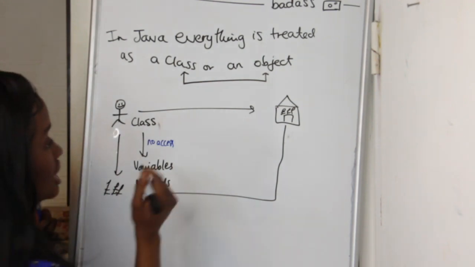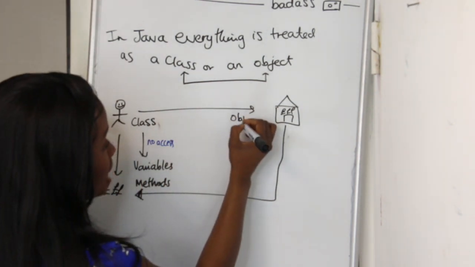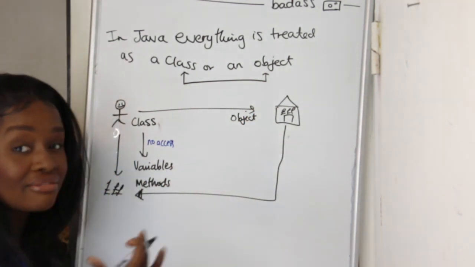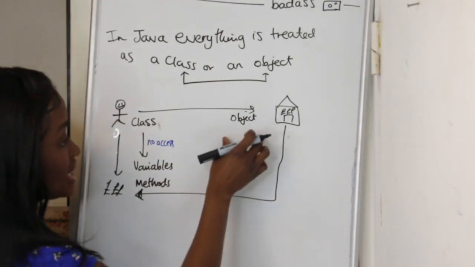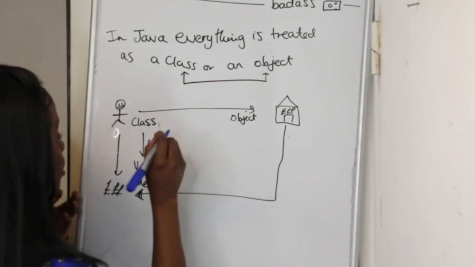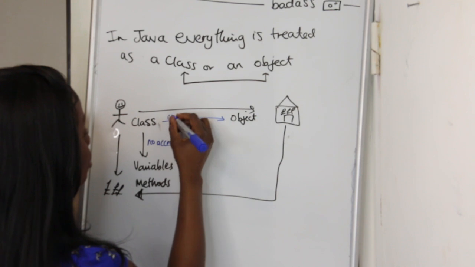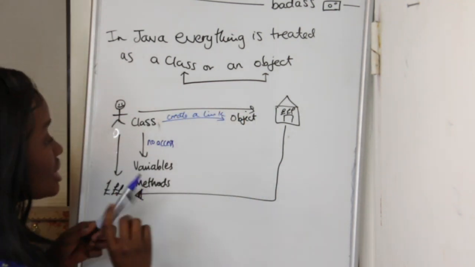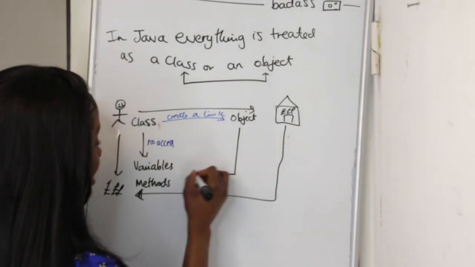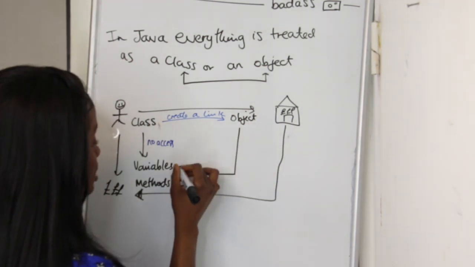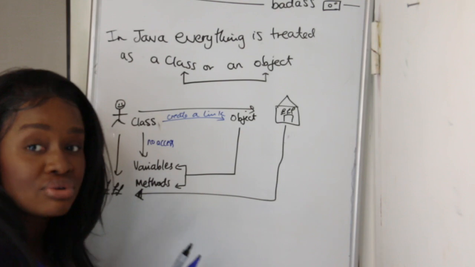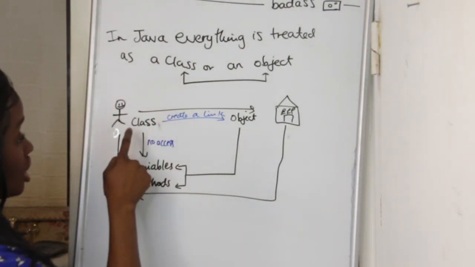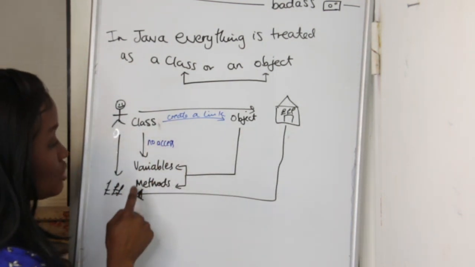So this class has to now create some kind of link with an object, some kind of relationship, something with the object, okay? Now this object is what's going to give it access to its variables and its methods. So just to reiterate, the class has no access to the variables and the methods.